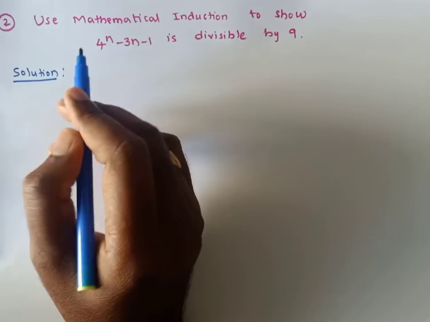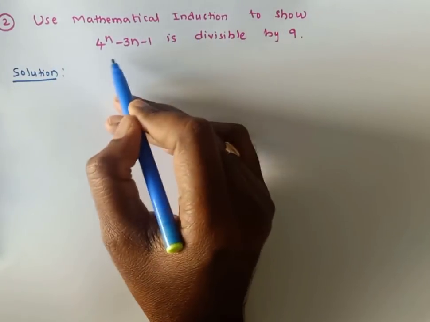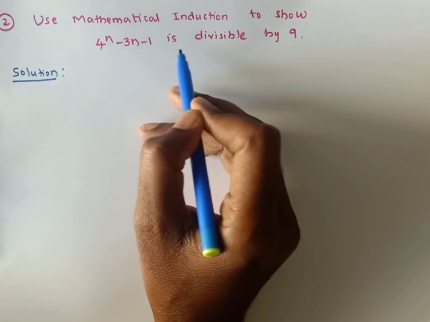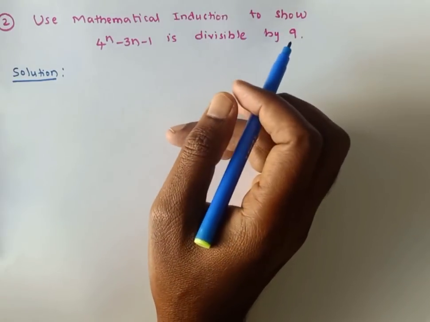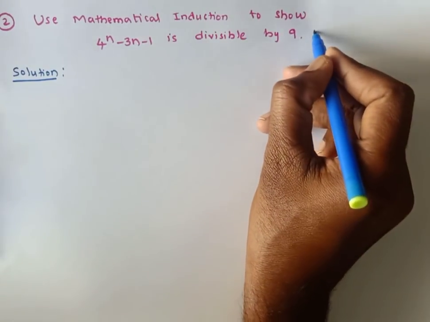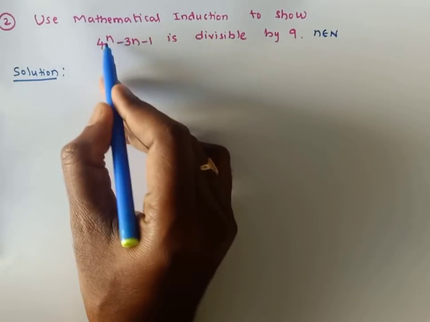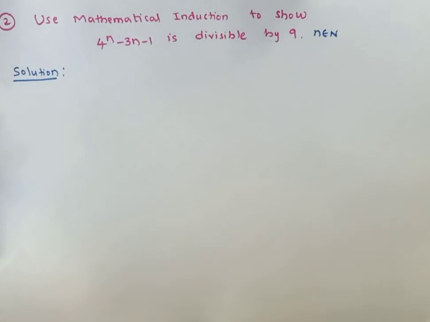Second problem: use mathematical induction to show the given statement. It is 4 power n minus 3n minus 1 is divisible by 9, where n belongs to N, means n is any natural number, so that this number is always divisible by 9.